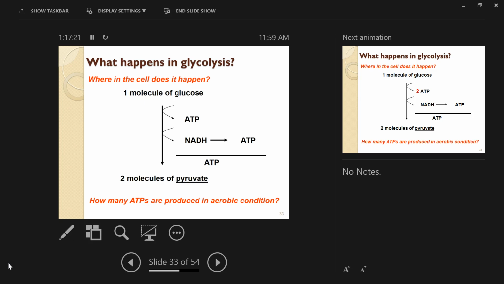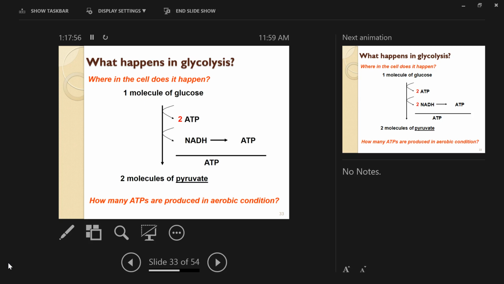All right. So now let's talk about the aerobic condition. One molecule of glucose is oxidized through glycolysis, and how many ATPs can be directly generated from glycolysis? Two.